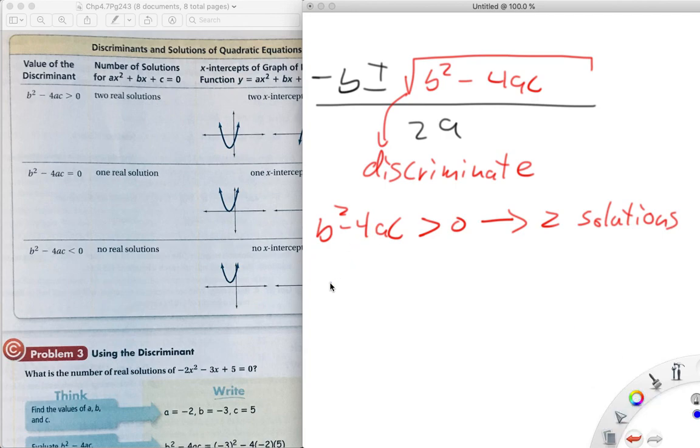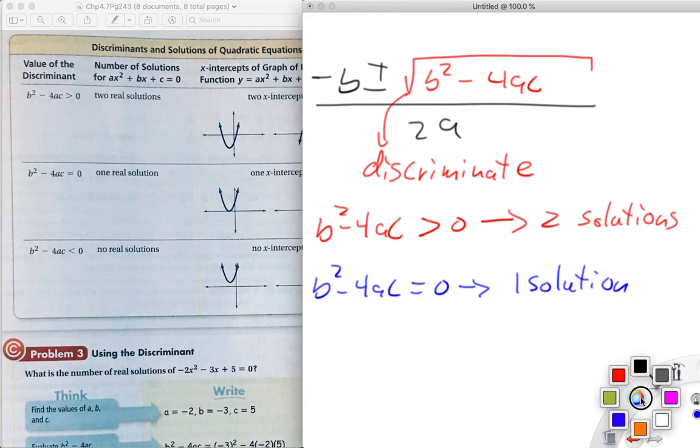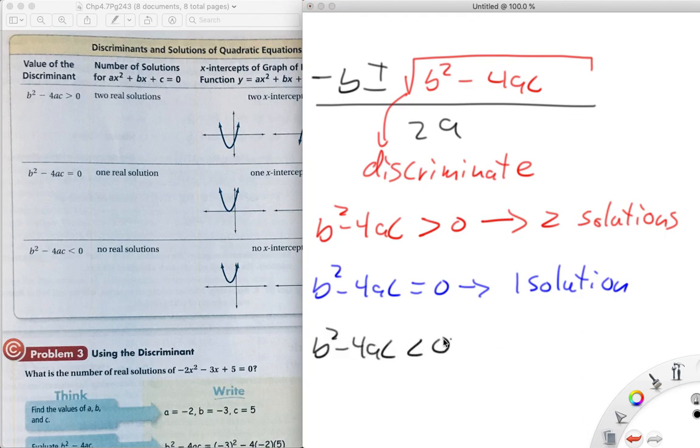If b squared minus 4ac is equal to 0, then I have one solution. And lastly, if b squared minus 4ac is less than 0, then I have no solutions.